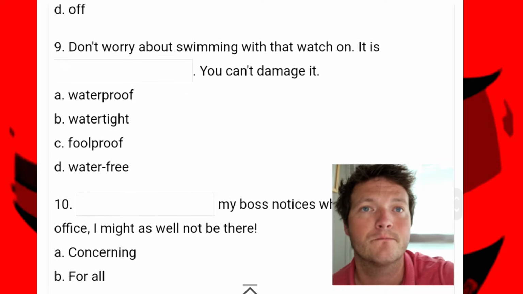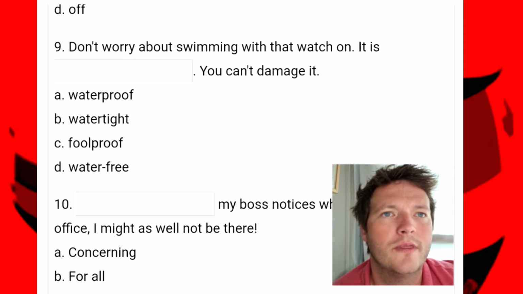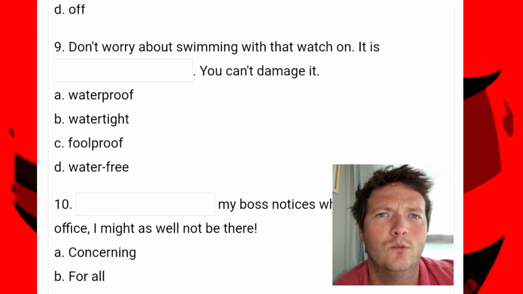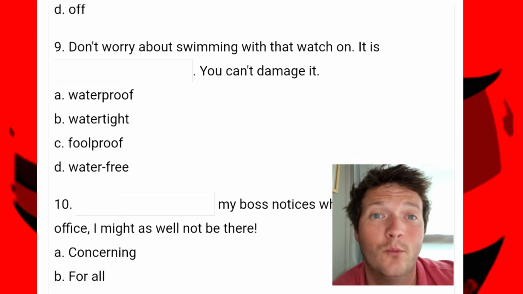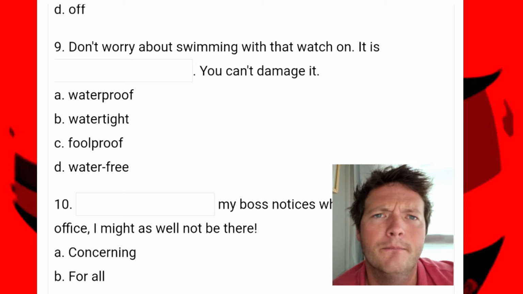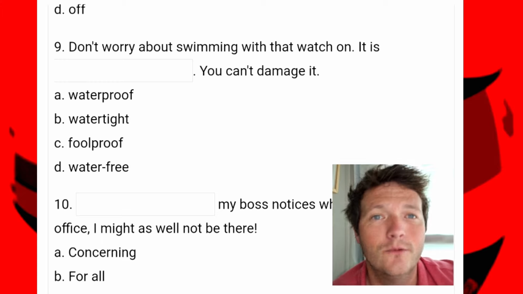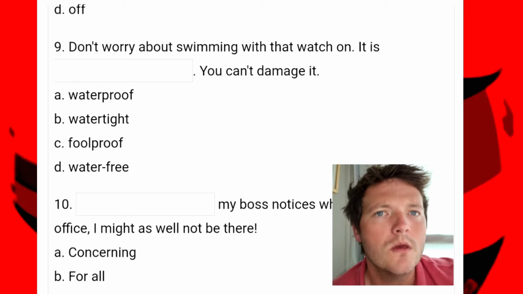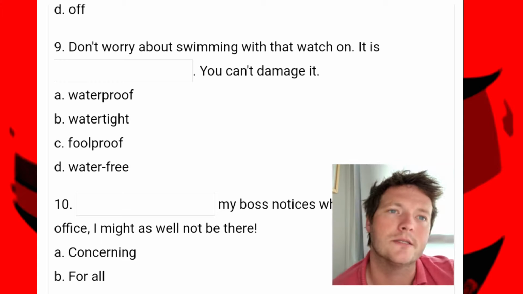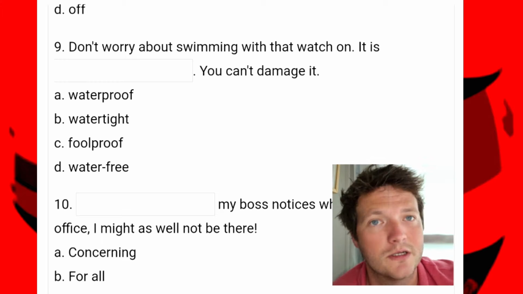Try to lose them. Don't worry about swimming with that watch on. It is waterproof, watertight, foolproof, water-free. Well, I hope it's water-free, but it's waterproof. Waterproof means that water can't get into it. Bulletproof, bullets can't get into it.